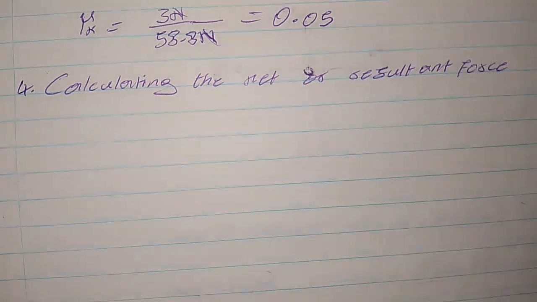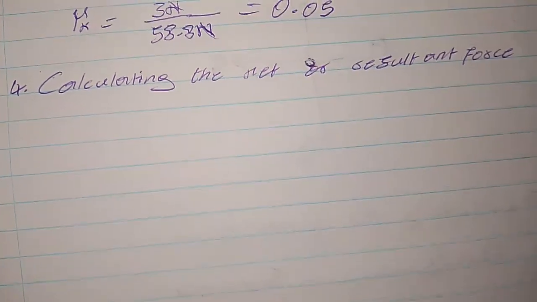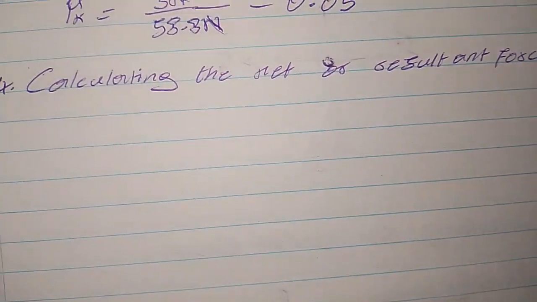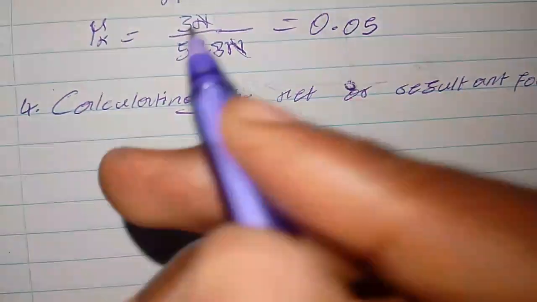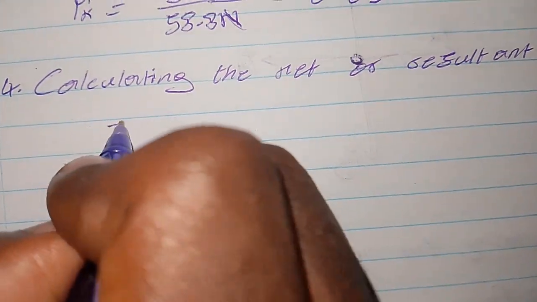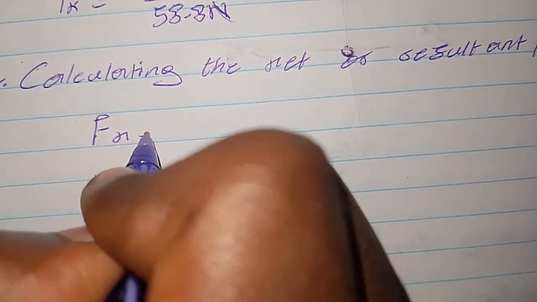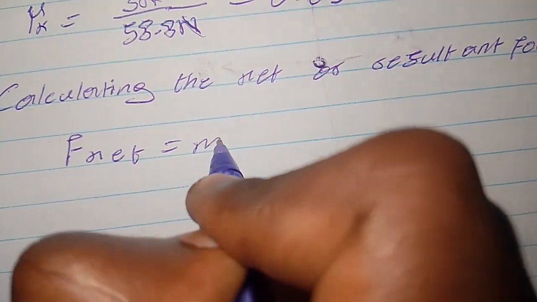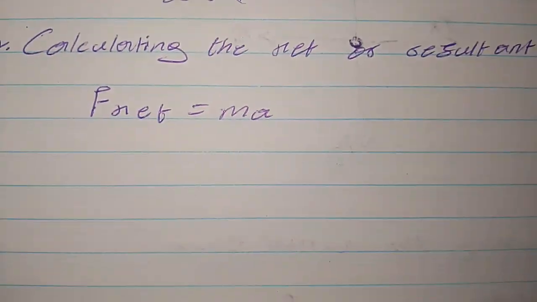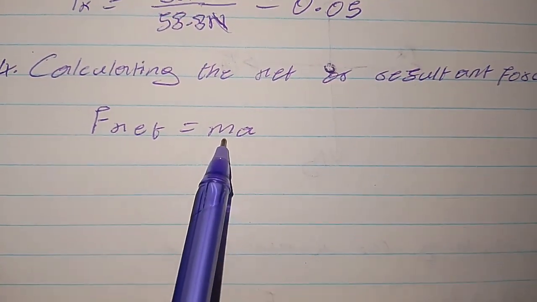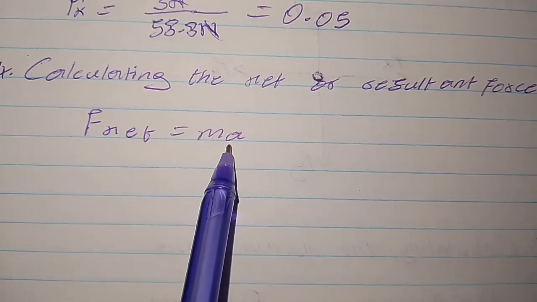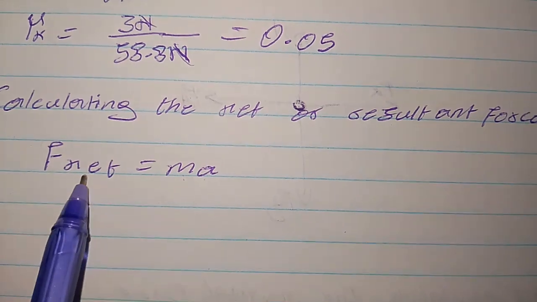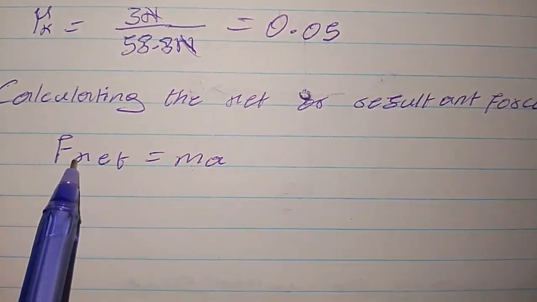The last question is that we need to calculate the net or resultant force. What do they mean by the net or resultant force? They want us to calculate Fnet. Fnet is equal to ma. So it is either you use this side where you use mass multiplied by acceleration, which gives you Fnet, or you use this side.